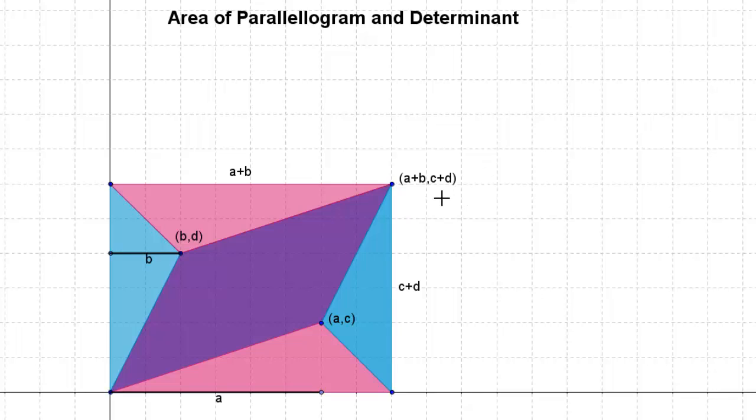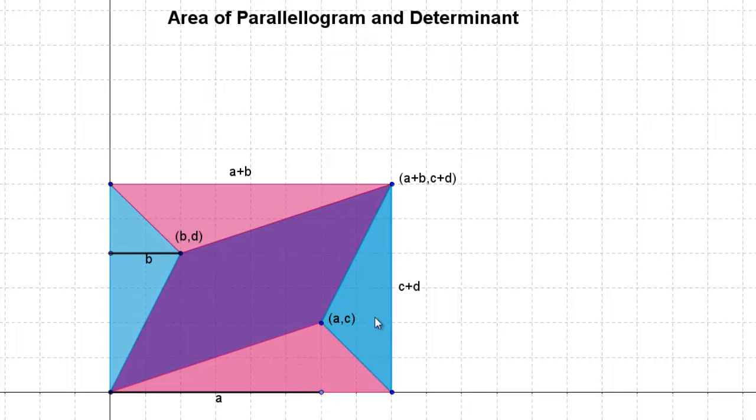And the reason this is A plus B comma C plus D, if you look at the distance along the x-axis of this rectangle, it is the distance of A, which is the x-coordinate of this first point, plus this distance B, which is the x-coordinate of the other corner.